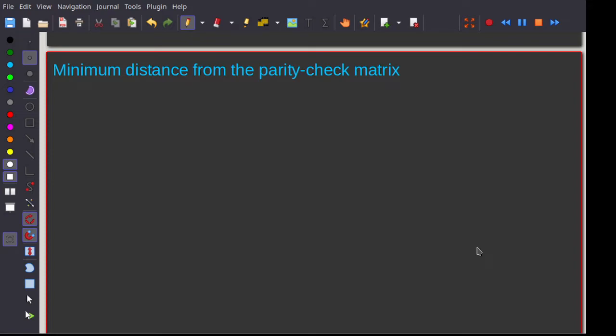And it turns out that there is, and the way to do it is by looking at the parity check matrix. This somewhat simplifies the computation of the minimum distance. So I make this claim.